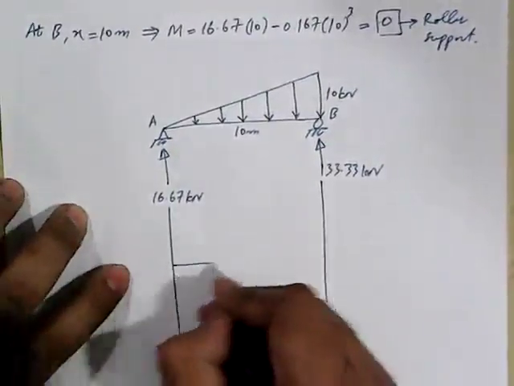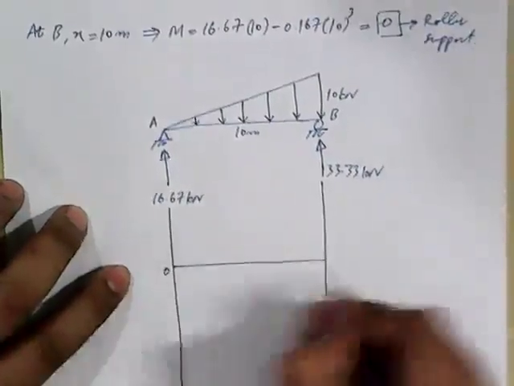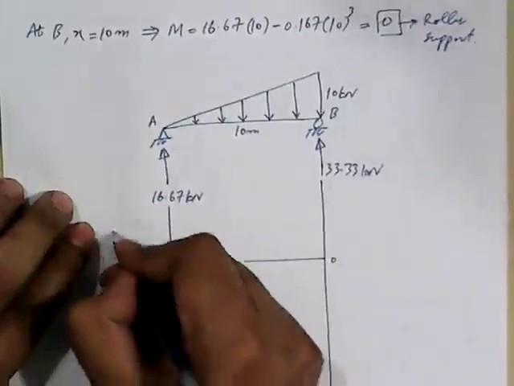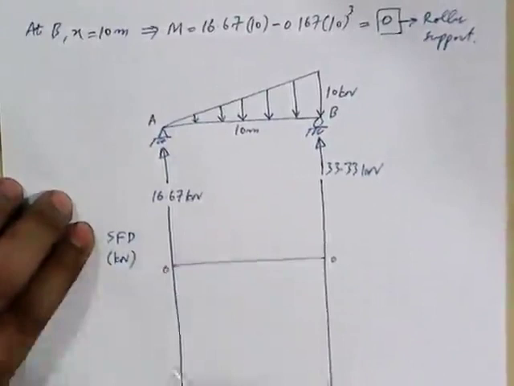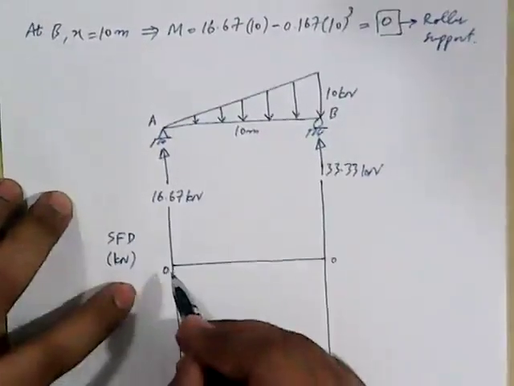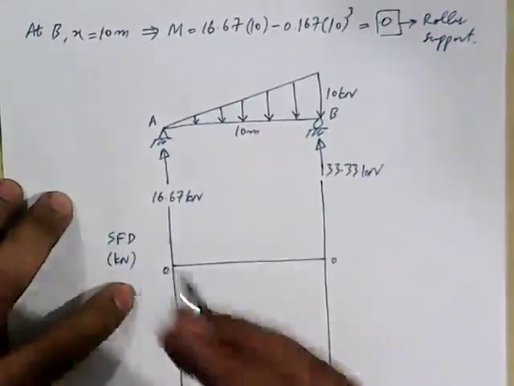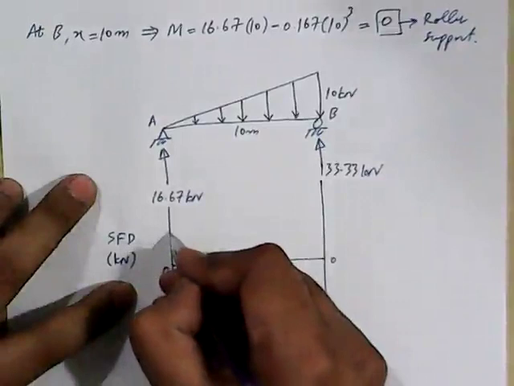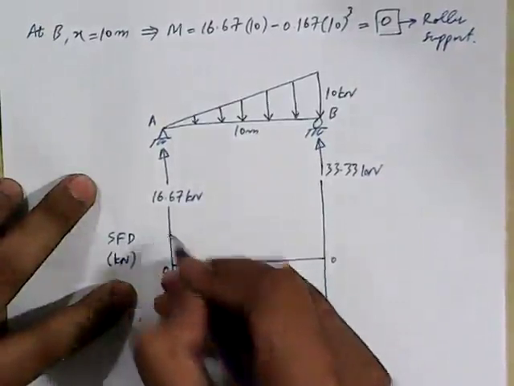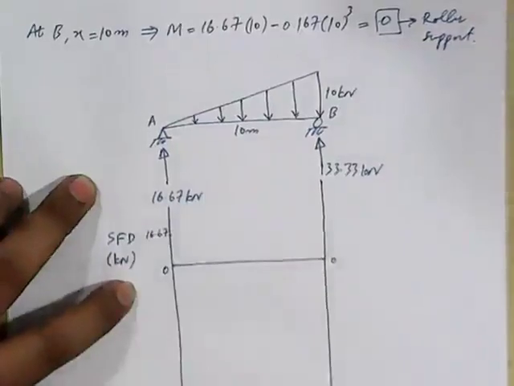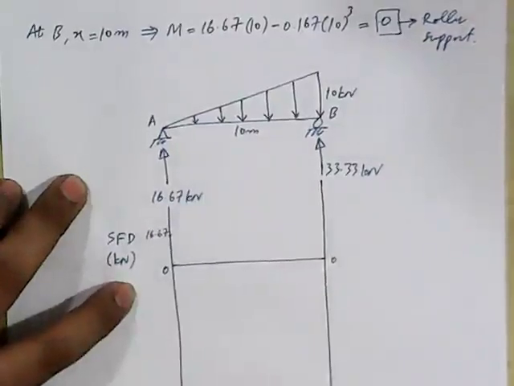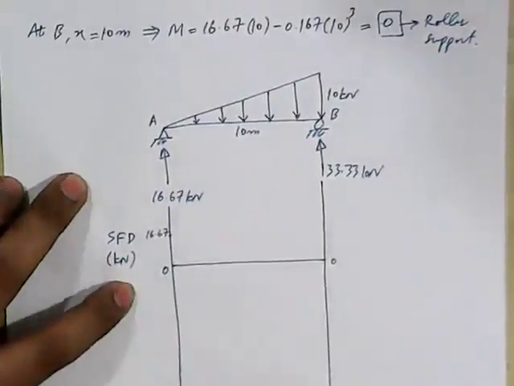This is our 0, 0 line. We want to draw SFD and the units are kilonewton. Okay. How much is the value of shear at point A? It is 16.67.